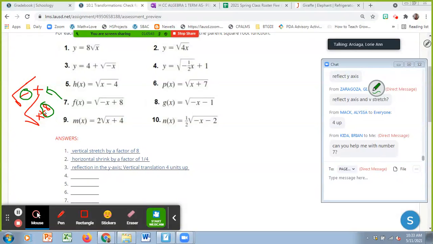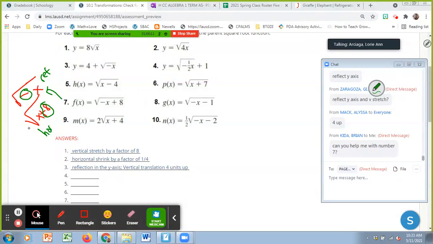Oh no, that's not like number 3 because it's outside. So this one will be reflection, figure out whether it's x or y. And then the plus 8, since it's inside, that has to be a horizontal. Now figure out the direction, whether it's left or right.